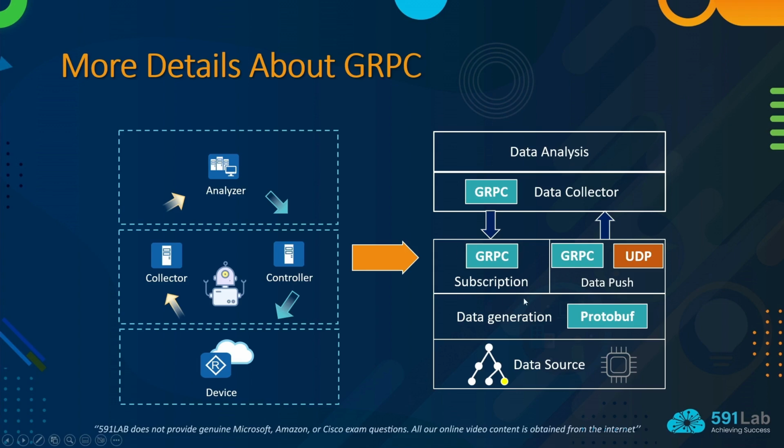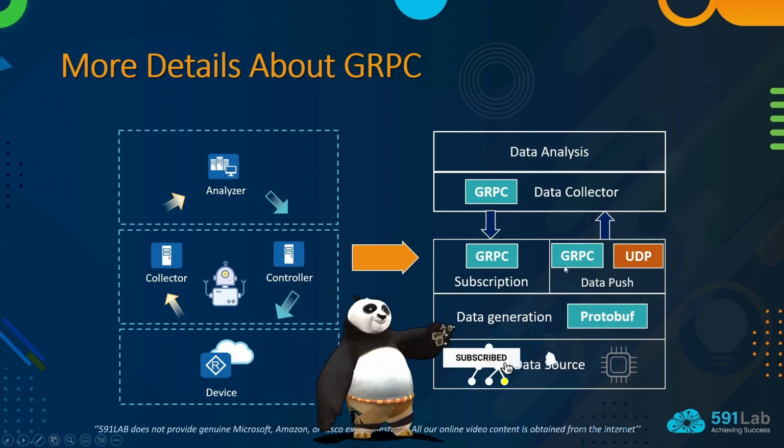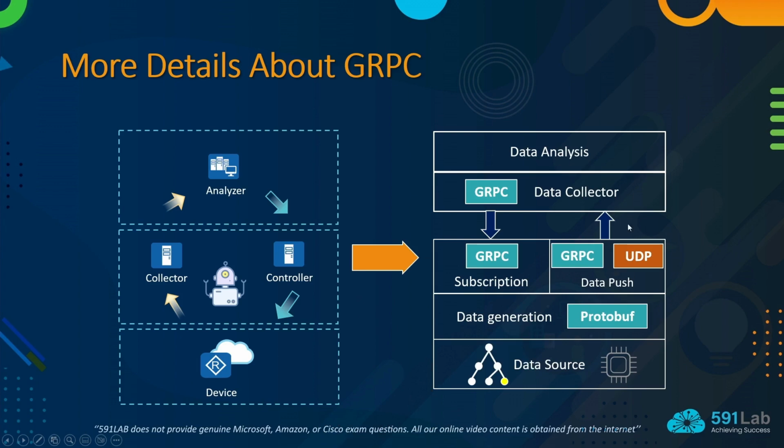When we finish the subscription, the Cisco IOS XE system will produce the data and send it frequently, encoded by protobuf, then use gRPC or UDP to push the data to the data collector. So this is what we can do using gRPC in the telemetry.